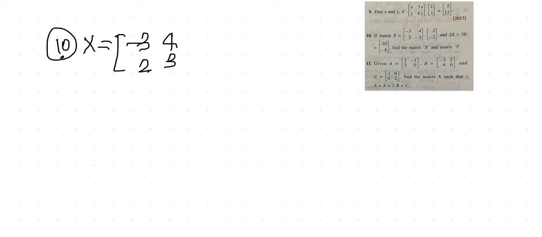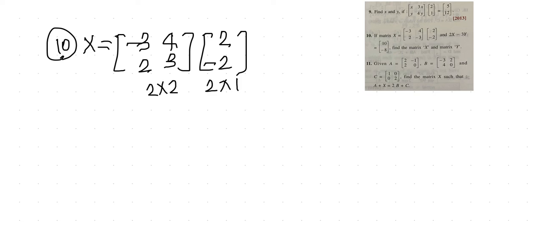So write down what is given. See, x has been given as minus 3, 2, 4, 3 and then 2, minus 2. So here the order is 2 into 2, here the order is 2 into 1. So of course the multiplication is possible and the resultant matrix will be of the order 2 into 1.